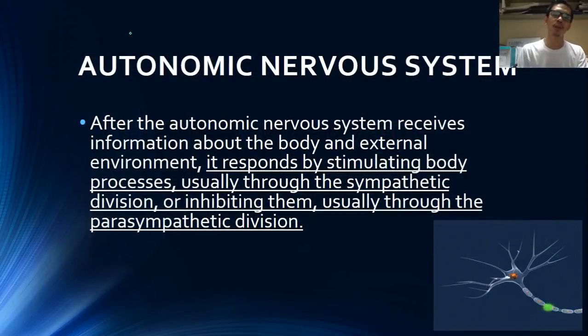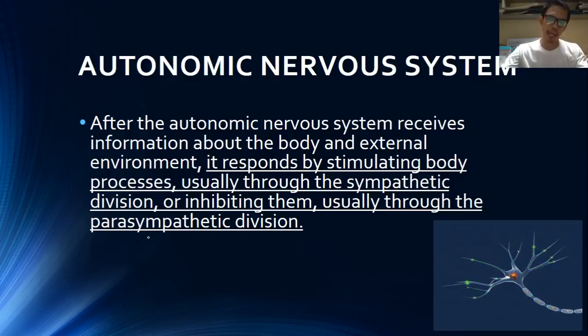Okay, so the autonomic nervous system receives information about the body and the external environment, just like what the peripheral nerves basically do. Then it responds by stimulating the body's processes, usually through the sympathetic division, or inhibiting them, usually through the parasympathetic division.